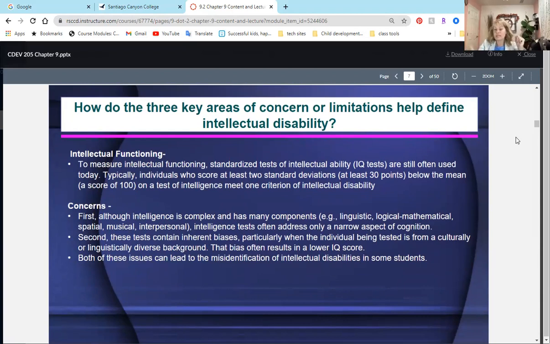So then you wouldn't say developmental delay; you would say a child with Down syndrome. As a teacher, it would be your responsibility to understand that there may be some physical impairments, definitely some intellectual impairments, as well as some medical impairments. Right. So give the name if you know the name.